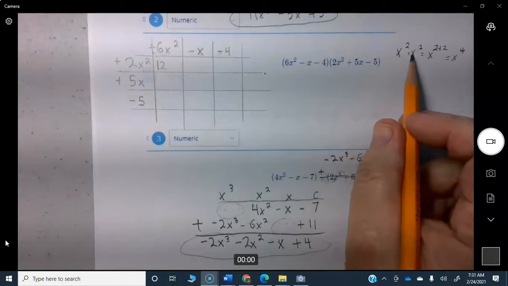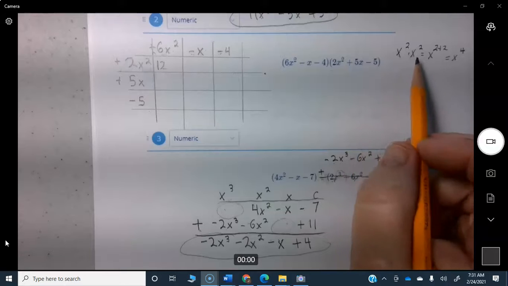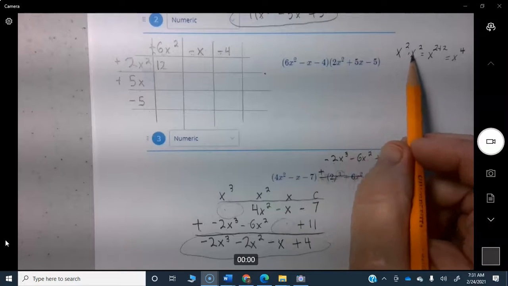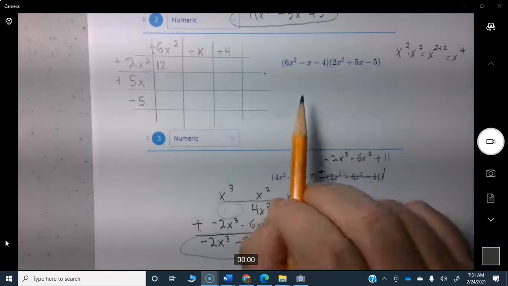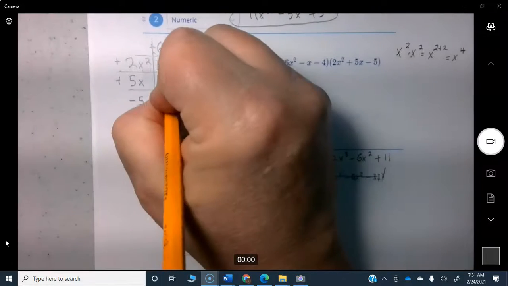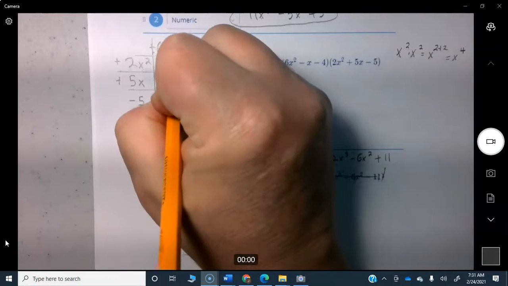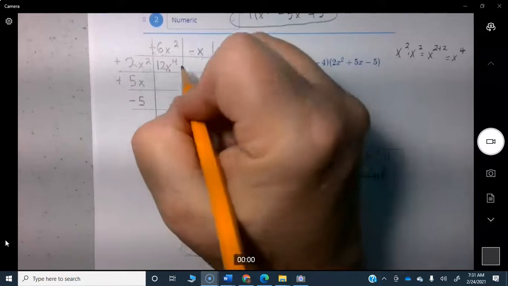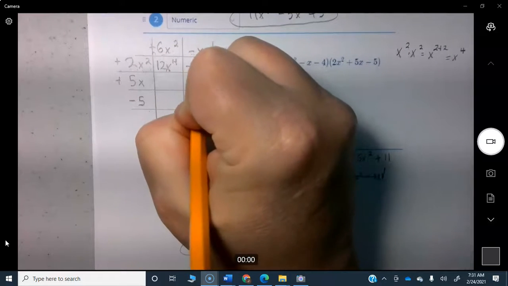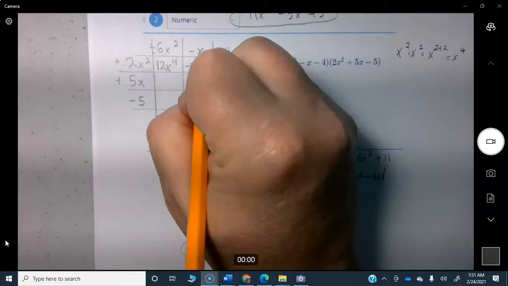When you have two variables with exponents being multiplied, they have to be the same variable. That does have to be the same. Then you add the exponents like that. Okay, so that's going to be x to the 4th. Okay, now let's move over to this one. 2 times negative 1 is going to be negative 2. And here we have x squared times x to the 1st.